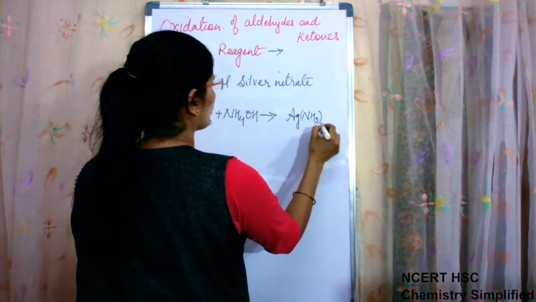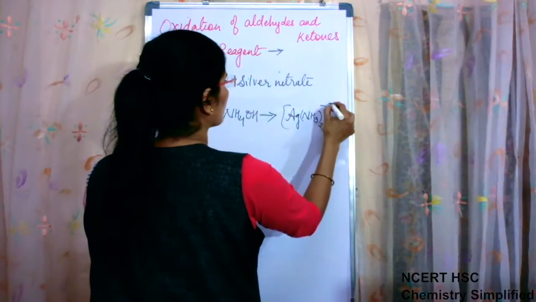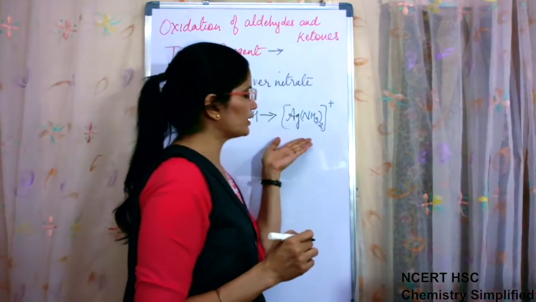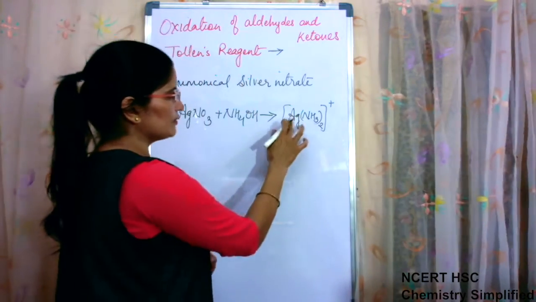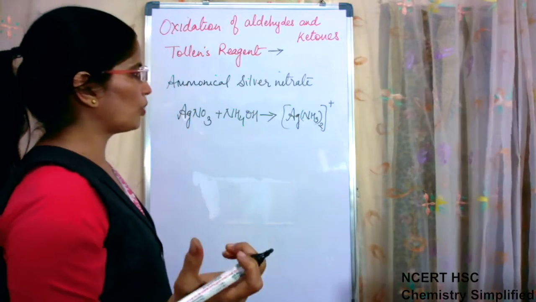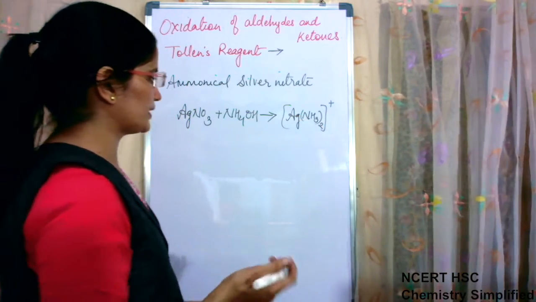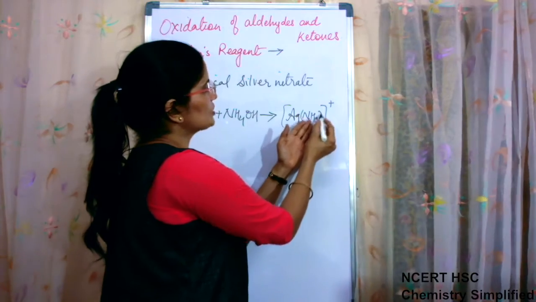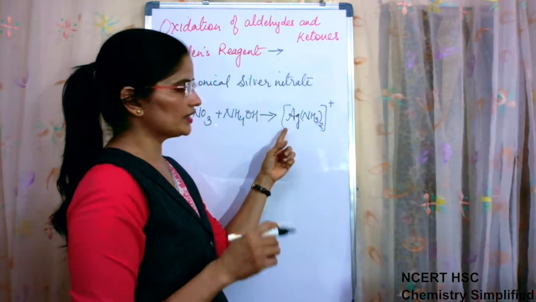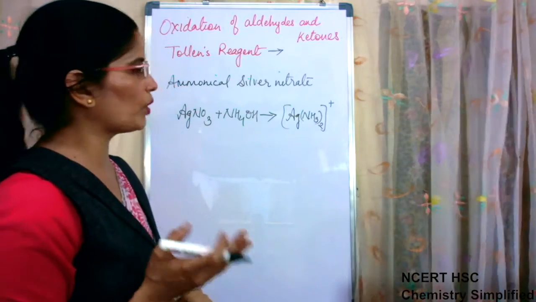[Ag(NH3)2]+. This is not a normal compound. It is a coordination compound. We know silver has 1 positive charge and NH3 is a neutral molecule, no positive or negative charge. So these two NH3 are coordinated with silver, it has a coordinate bond with it.